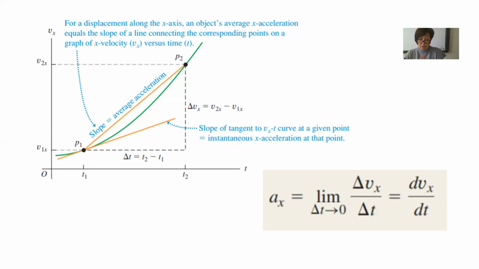Average acceleration shows you the changing velocity over an interval of time. Instantaneous velocity is the first derivative of position divided by time, but acceleration is the first derivative of velocity divided by time.